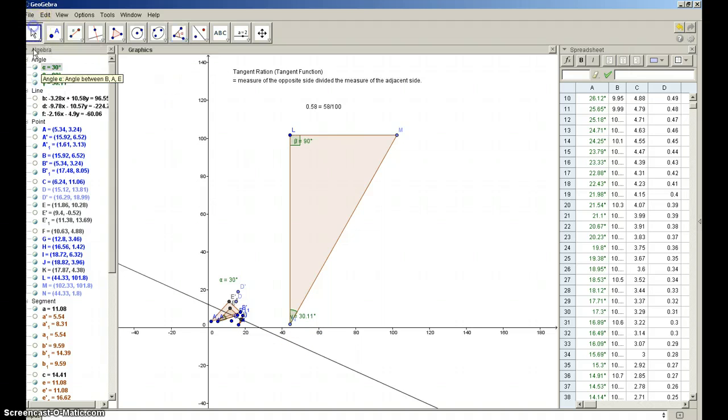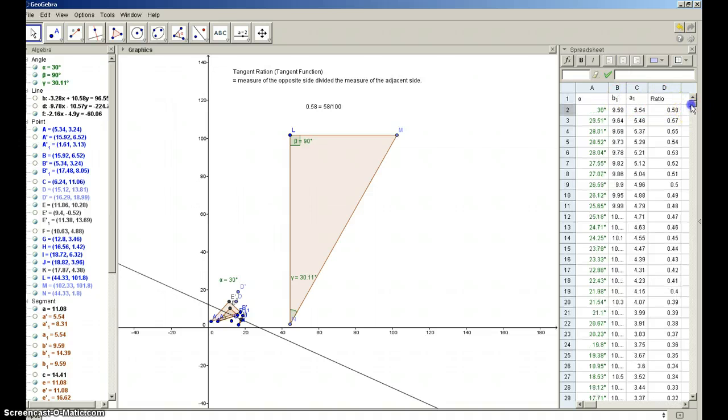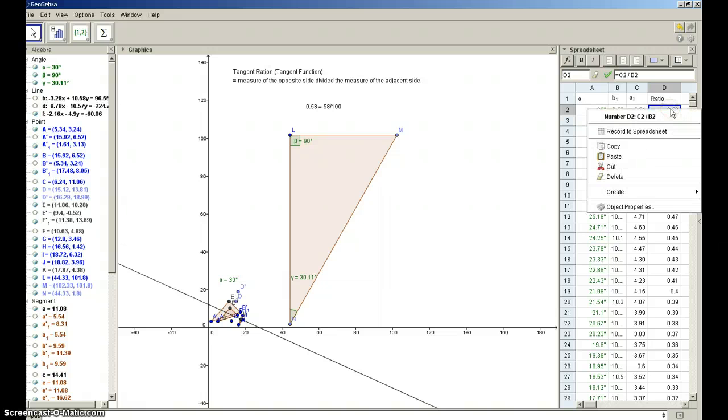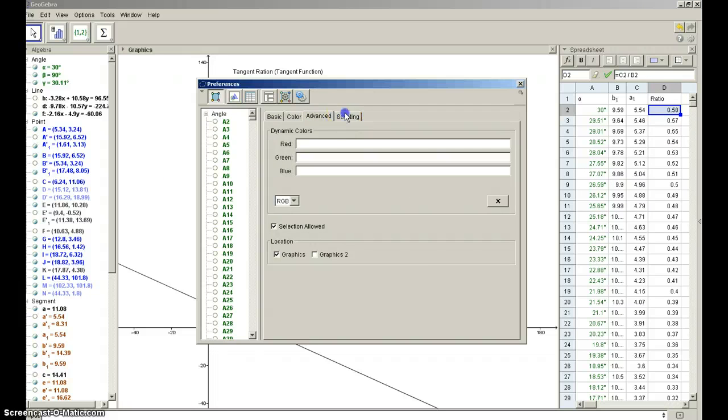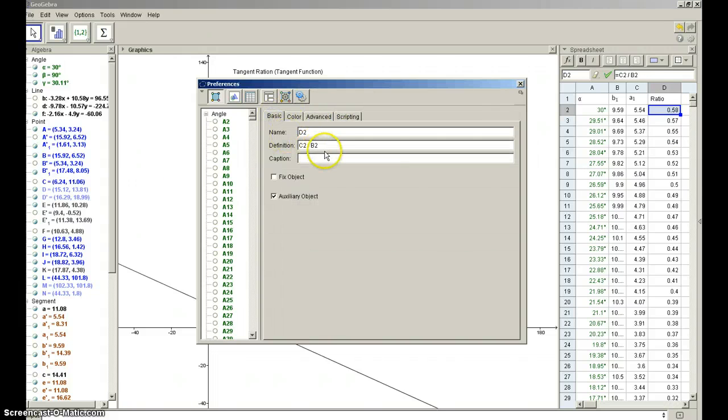Now, why would it be off? Well, it turns out it's off because this number right here, that 0.58, is a rounded number. It's not an exact number. So, if I could get that properties, and maybe I could adjust it so that I can see more.